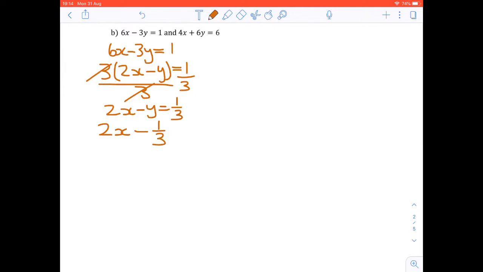It becomes negative a third, and take the y over so it's positive, because what you want is a positive variable by itself. So that becomes equation 1. And equation 2 will be the other equation, 4x plus 6y equals 6. So we could have done something to this equation to make x or y the subject of the formula.